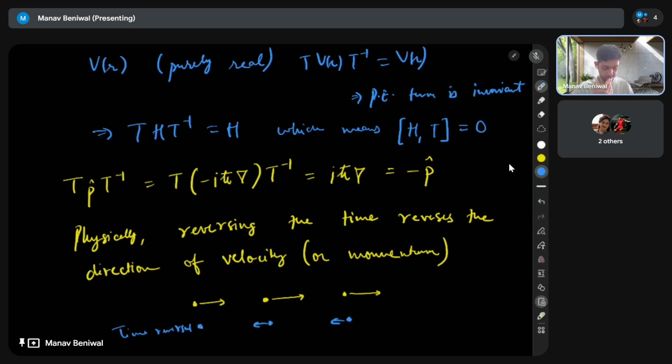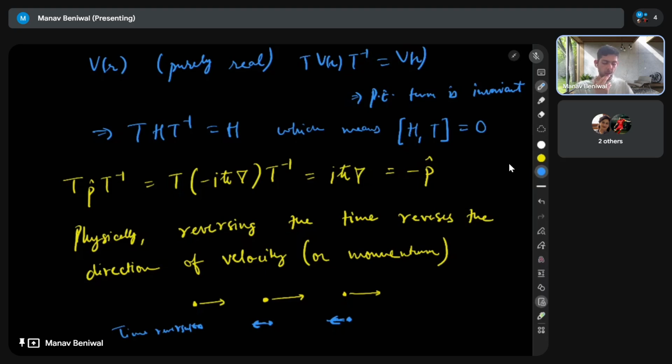Correct? So we have flipped the direction of momentum, right? Is that correct? Yes. Okay.